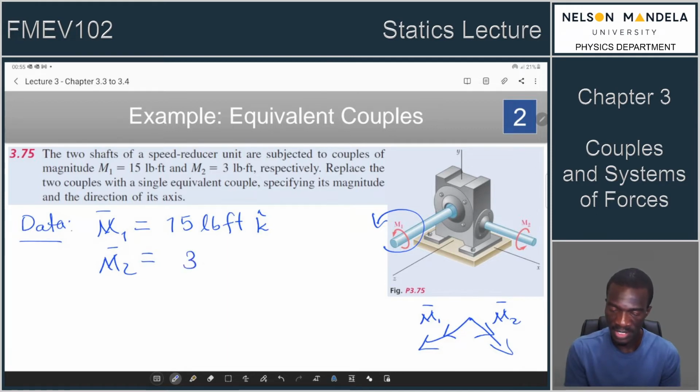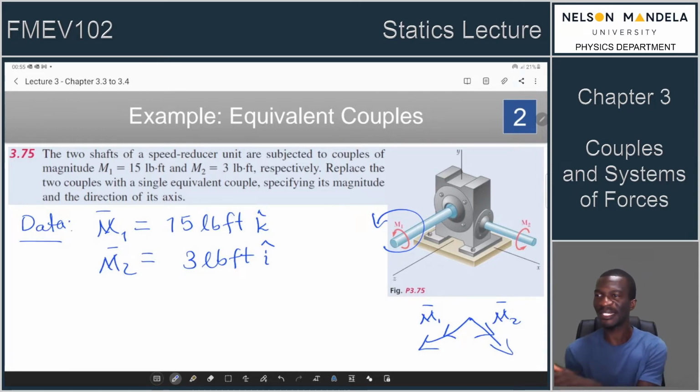M2 is 3 foot-pounds, and it's in the i direction. So remember how to deduce the directions from the rotation. As long as it is anti-clockwise about an axis that you are looking at from the top, right? This is the z-axis and you're looking at it, then that anti-clockwise direction is the positive direction.